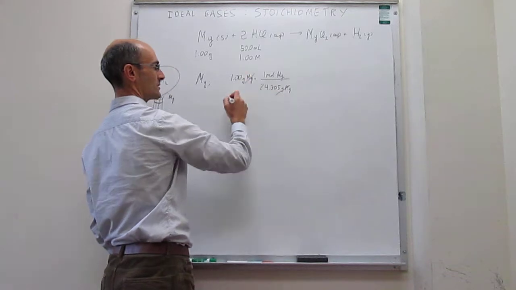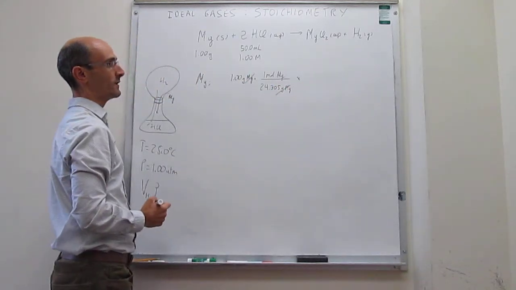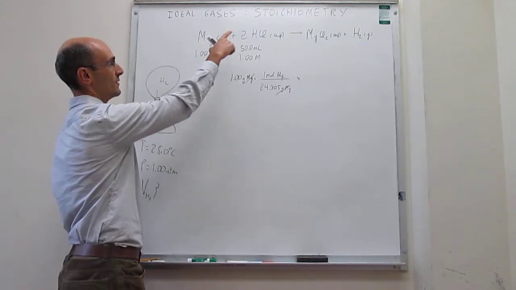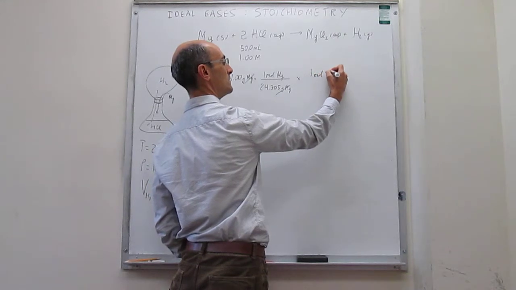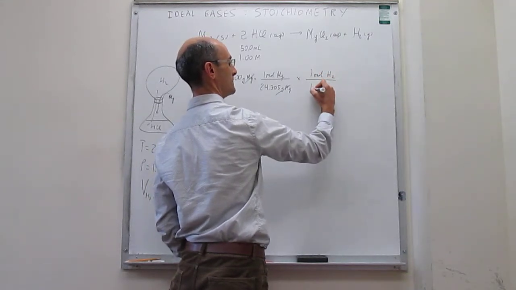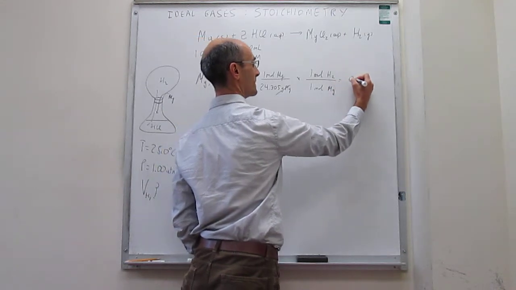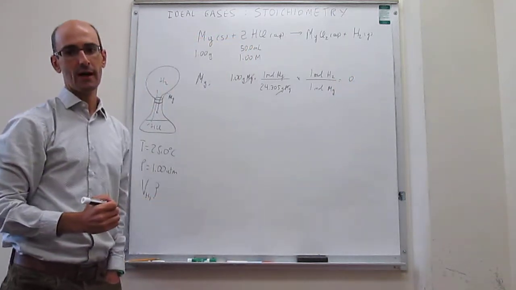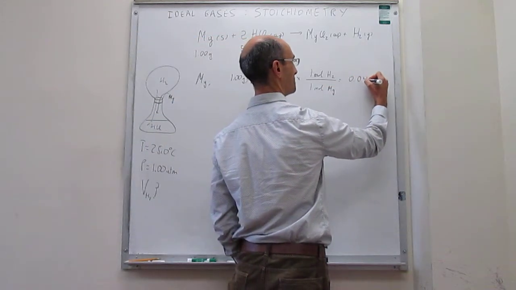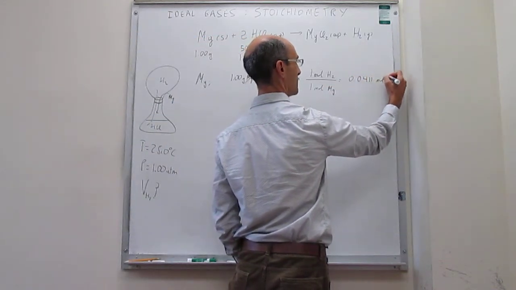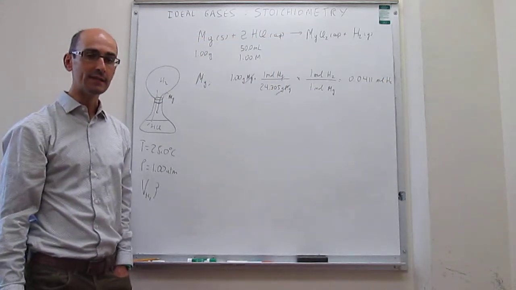This is going to give me the moles of magnesium, and now I use stoichiometry to figure out how many moles of H2 I have. Notice that the stoichiometric relationship is 1 mole of H2 for every mole of magnesium. And when you calculate that, this number happens to be 0.0411 mole of hydrogen. So that would be the yield if magnesium was limiting.